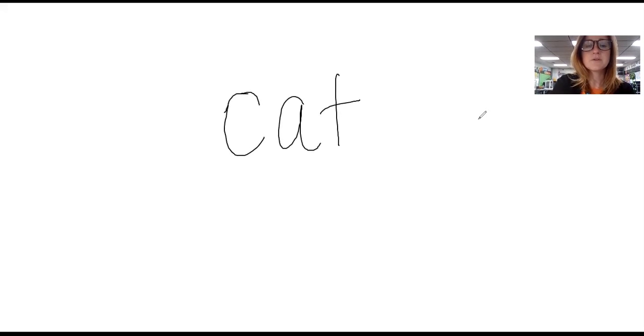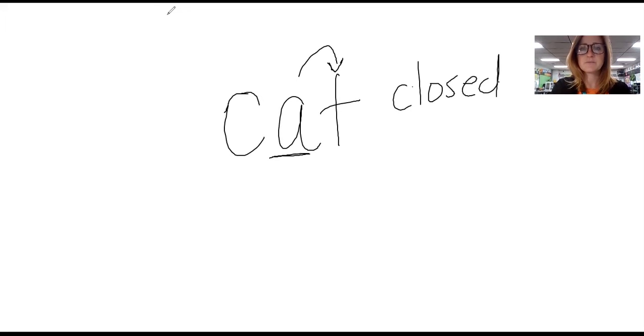We would look at our word cat and say, well, there's an A in this word, and this A is being closed by this T. It's closed, and because it's closed, that causes the vowel to be short. A lot of times we can also say there's one vowel, so there's probably one syllable. When I say this word, cat, it is only one syllable.